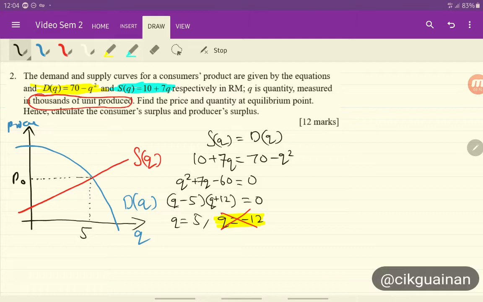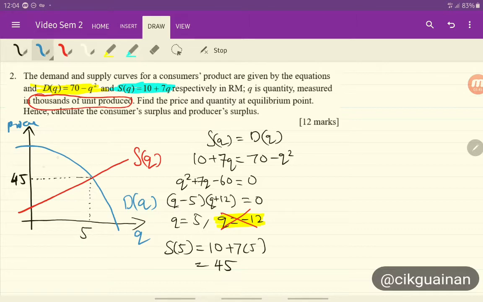And then we need to find the price. When Q is 5, S(5) equals 10 plus 7 times 5, which is 35, so 45. So the price is 45 ringgit over here. Now the numbers are complete.